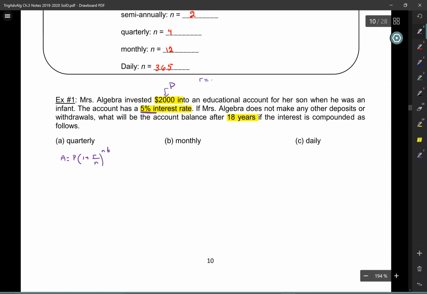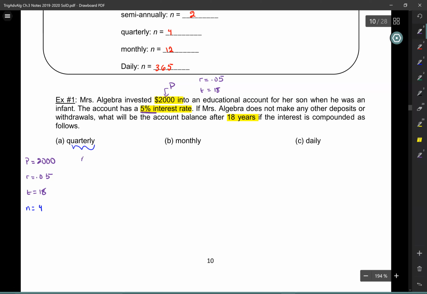Not 0.5, 0.05. 18 years is your T. So I actually want to write it down here. P is 2,000. R is 0.05. T is 18. Now for this one, it says it's being compounded quarterly. So what's N? N is 4.